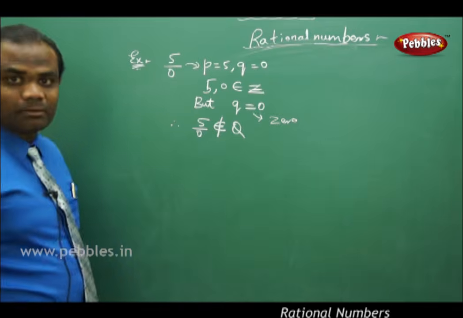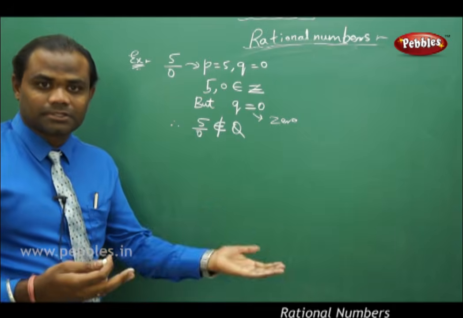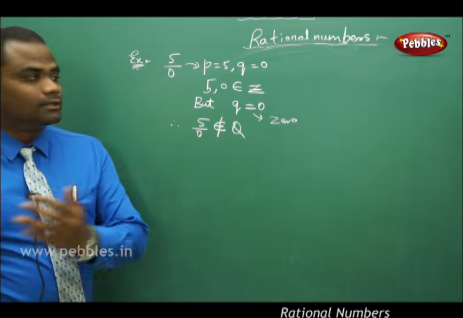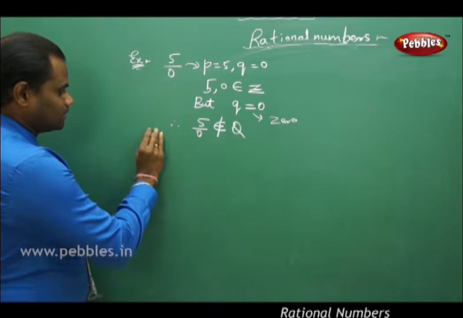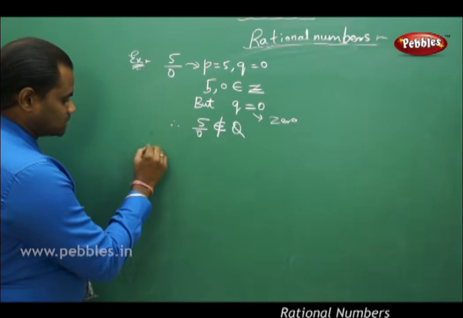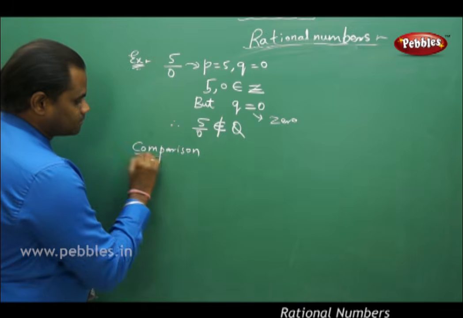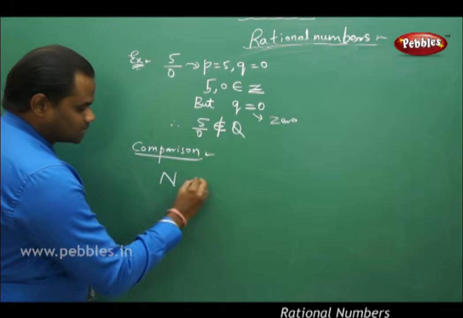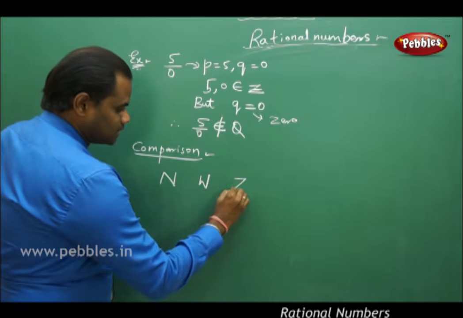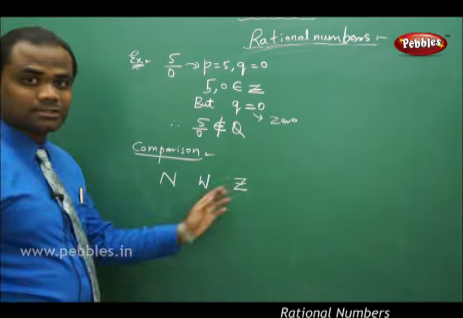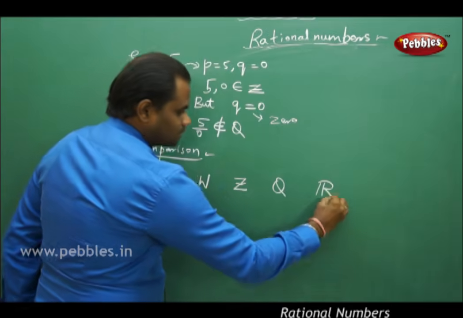Now we'll try to compare each one of what we have considered, that is the natural numbers, the integers, the rational numbers and real numbers. Let me take it as a comparison between the natural numbers, the whole numbers, the integers, the rational numbers, and then the real numbers.